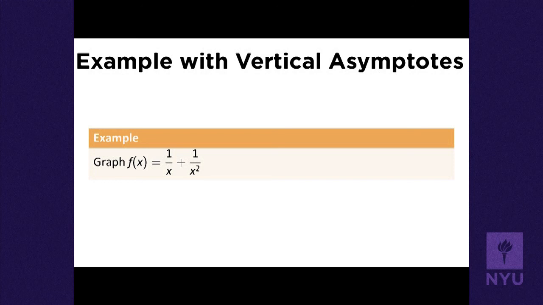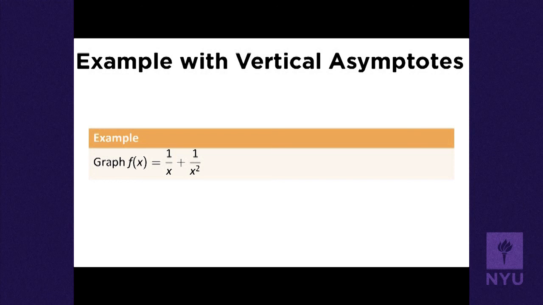So find where the function is 0 or infinity or not defined. Well, when x is 0, obviously I can't take 1 over x or 1 over x squared. So that's a candidate for an asymptote. When x goes to infinity, what does f(x) go to? That goes to 0. When x goes to minus infinity, what does f(x) go to?